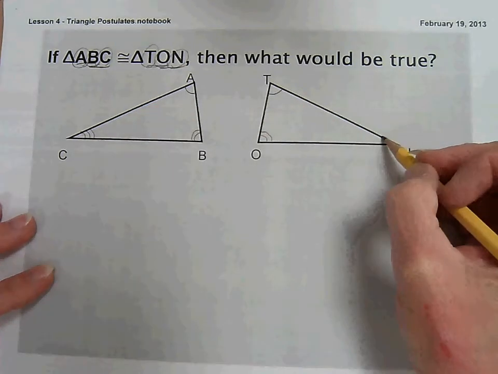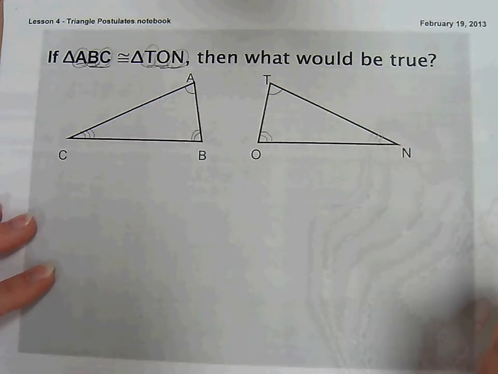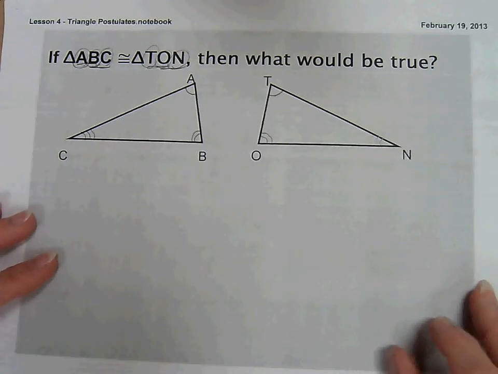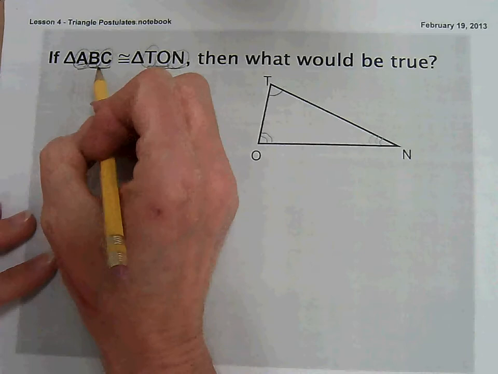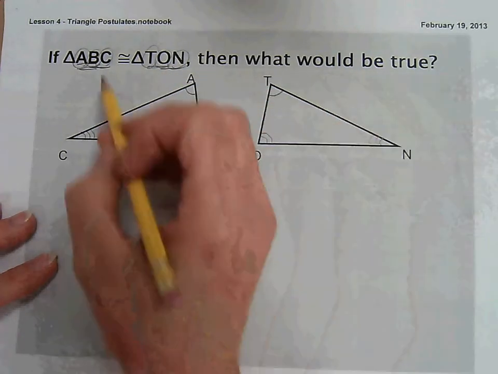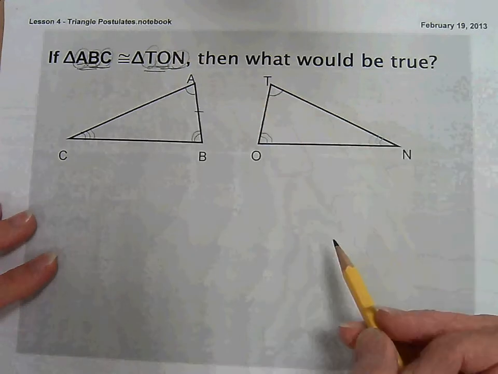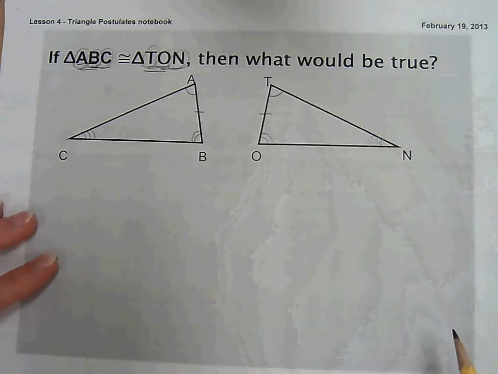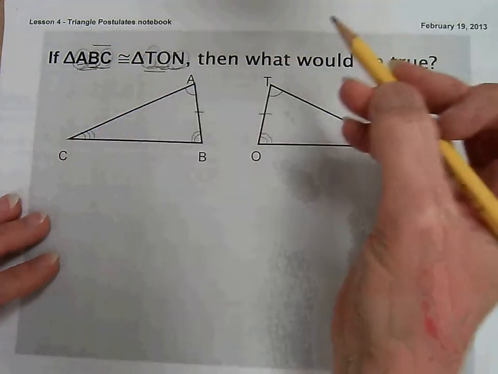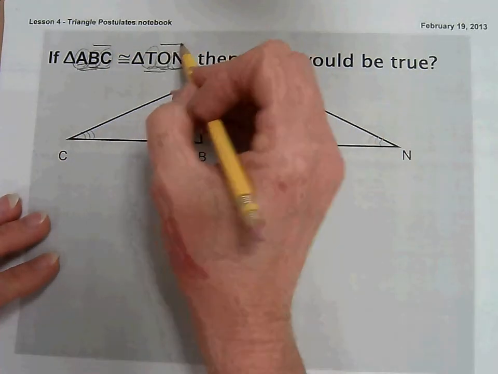And angle C and angle N must be congruent. Okay, so I'm marking with congruent signs for the angles. All right, in addition to that, we've got line segment BC must be congruent to line segment TO. So we can mark those up. And segment BC must be congruent to ON.